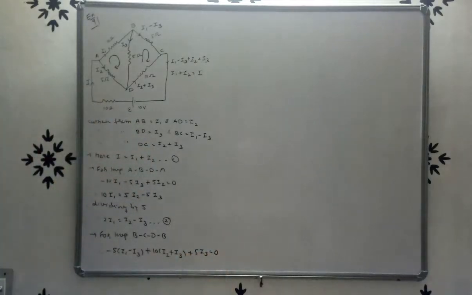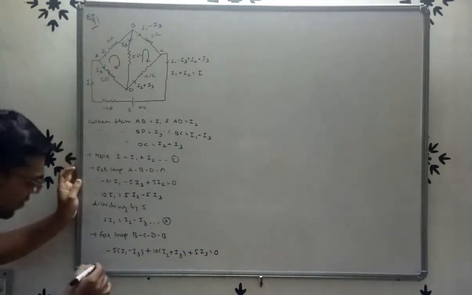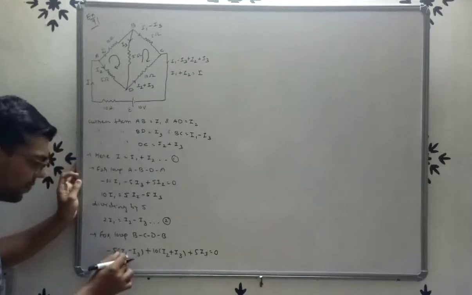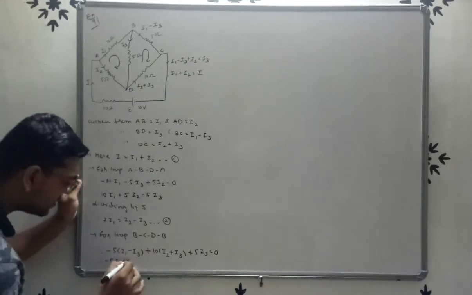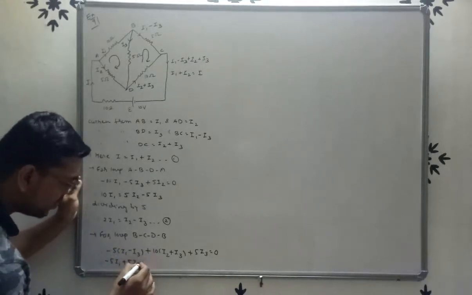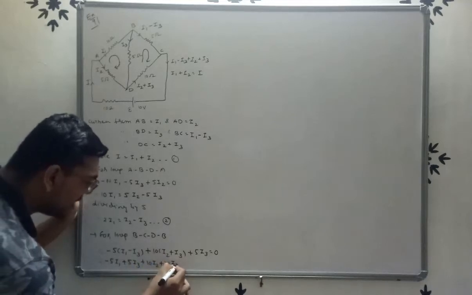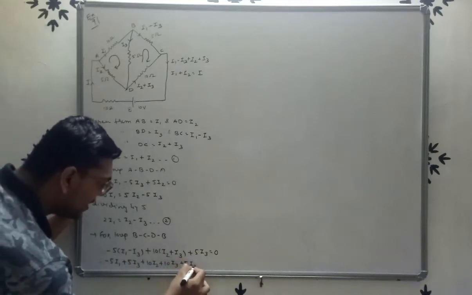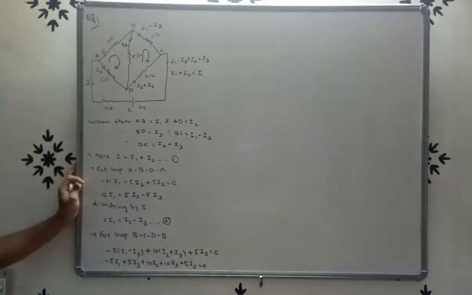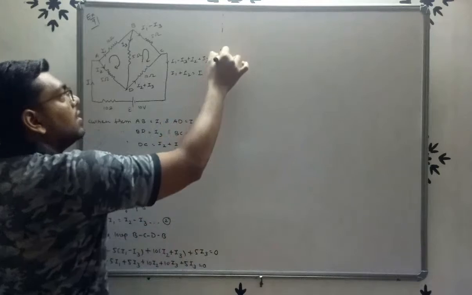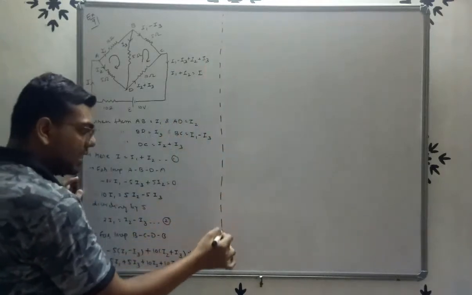Right? So here we multiply minus 5 into the bracket. So minus 5I1, then minus minus plus 5I3 plus 10I2 plus 10I3 plus 5I3 is equal to 0. Right? Here we take 5I1 to the right hand side.